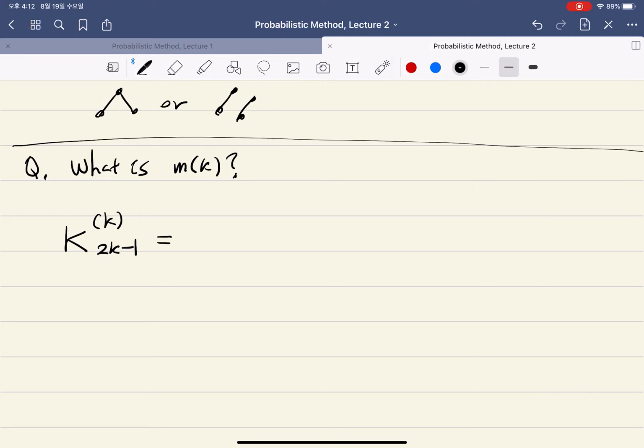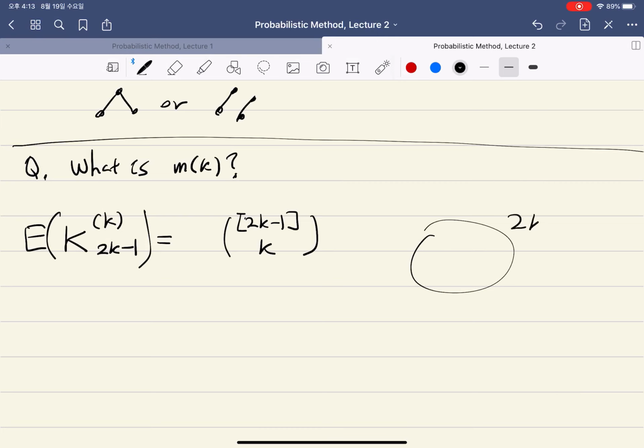That is, there are 2k minus 1 vertices, and we consider all sets of k vertices as edges.